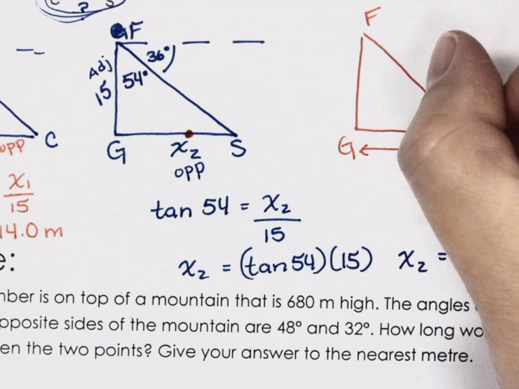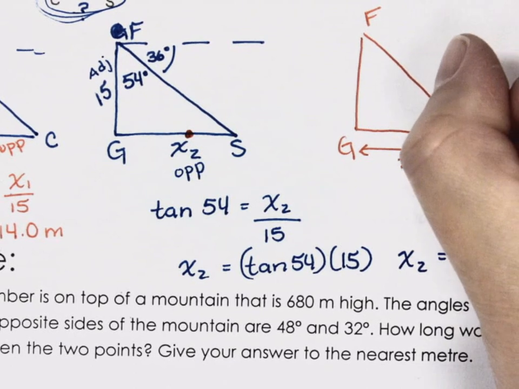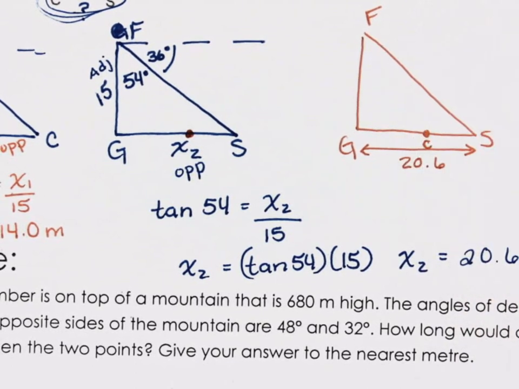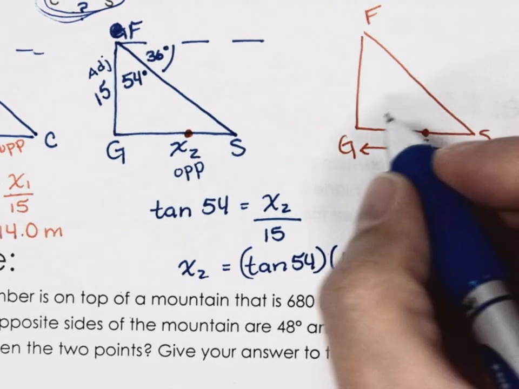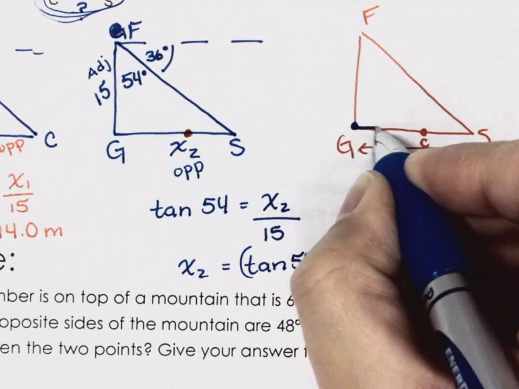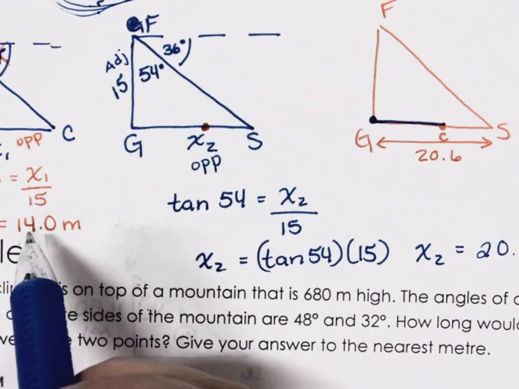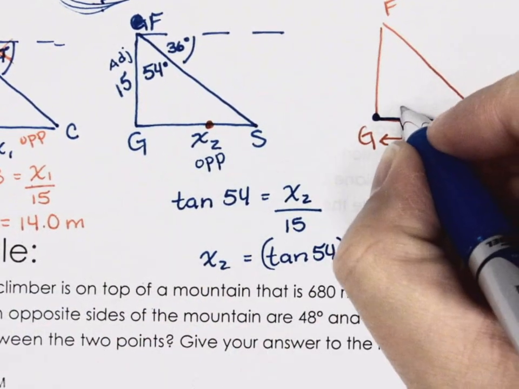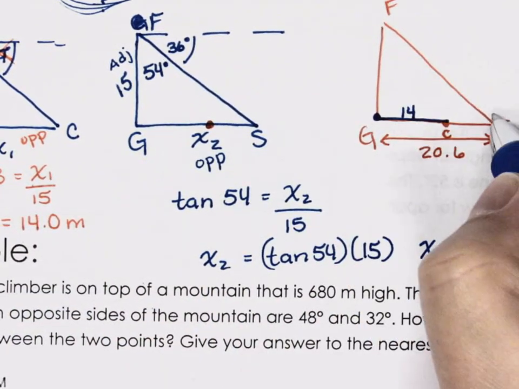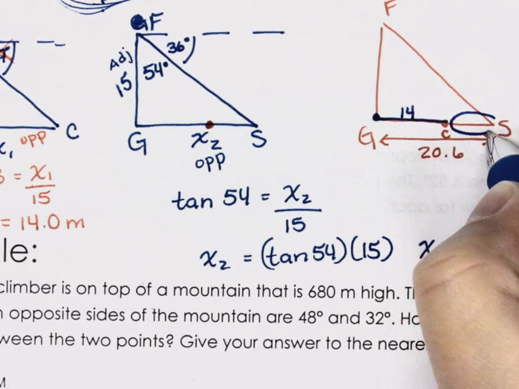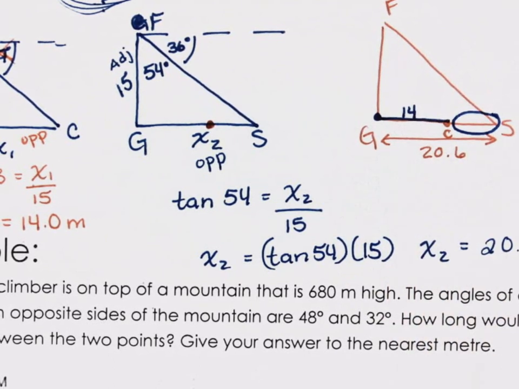But I also know that there's a point C on here, where the chipmunk is. You guys know that distance too. You know that from G to C, because you found it, is 14. So this distance from here to here is 14. So how do I find that piece there?